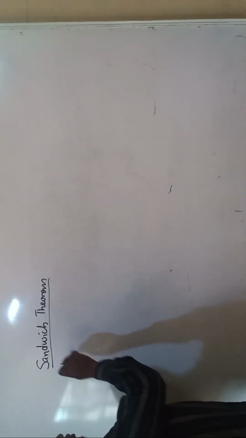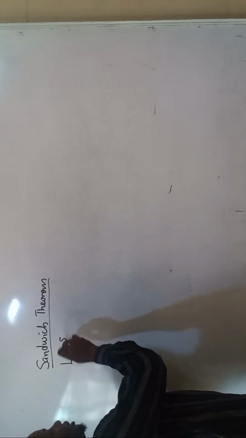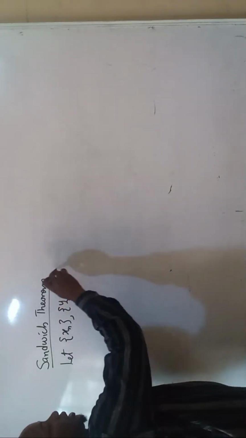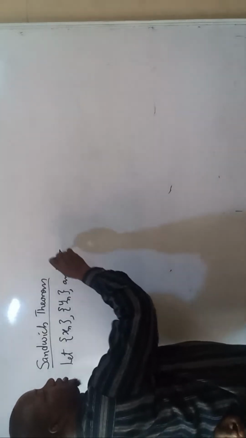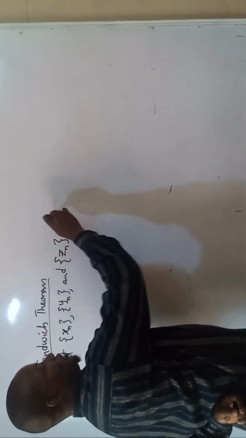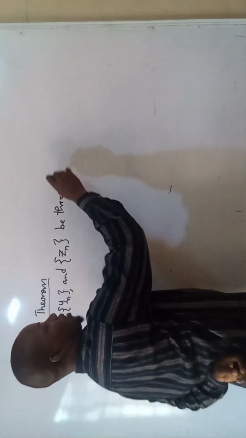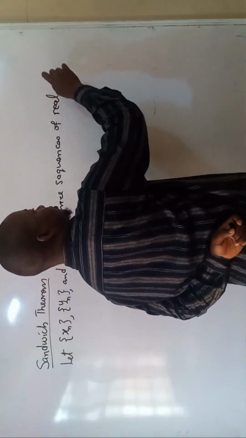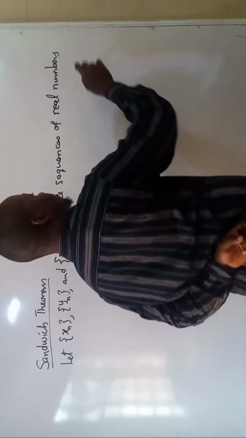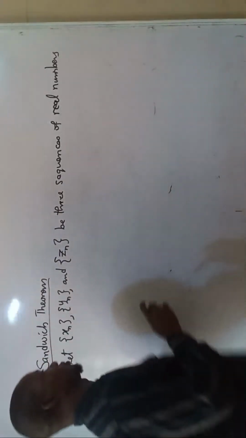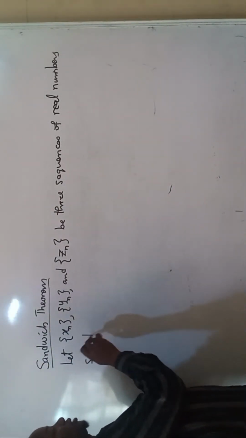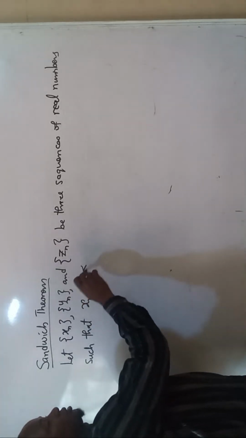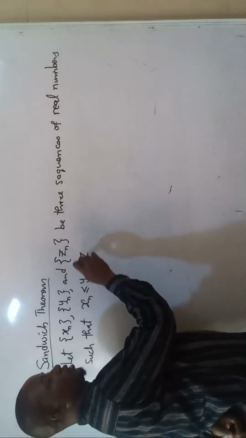The theorem goes thus: let xn, yn, and zn be three sequences of numbers, and these three sequences are related as follows, such that xn is less than or equal to yn, and yn is also less than or equal to zn.